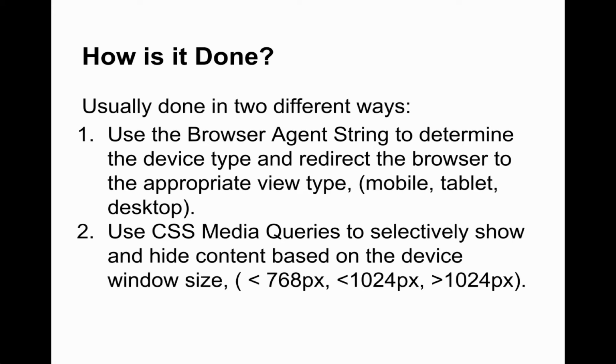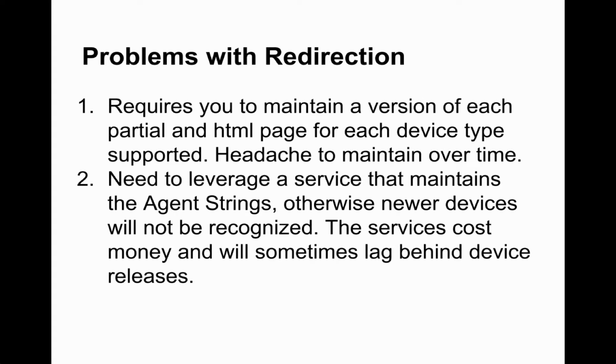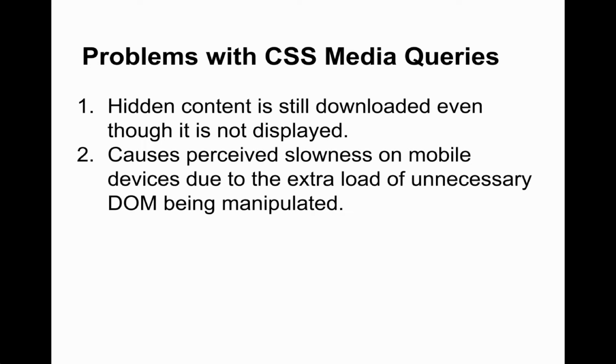So what happens is that mobile device bogs down trying to manipulate all that hidden CSS or hidden web stuff. Plus, it looks like it's really slow because it's pulling down all these big images over your 3G, 4G network. So that's not really a good solution.